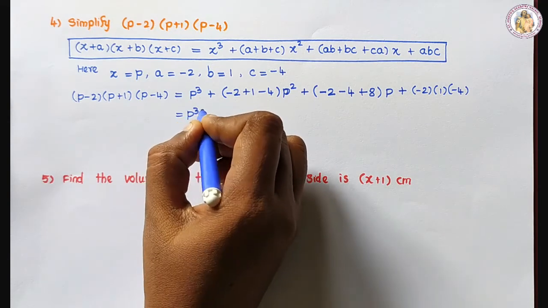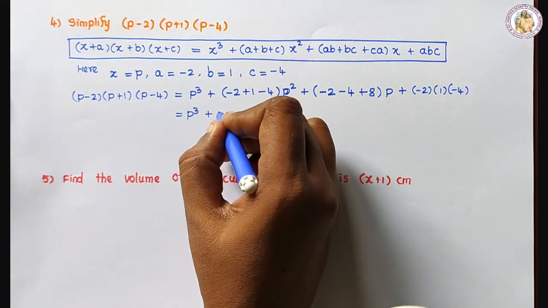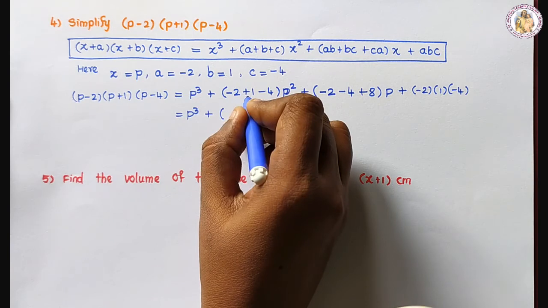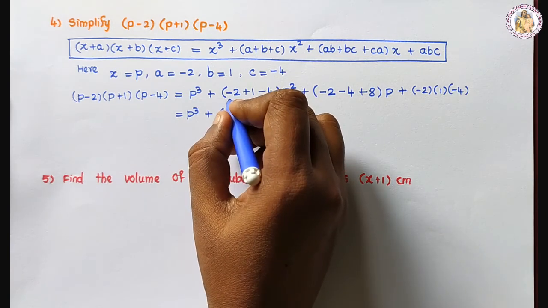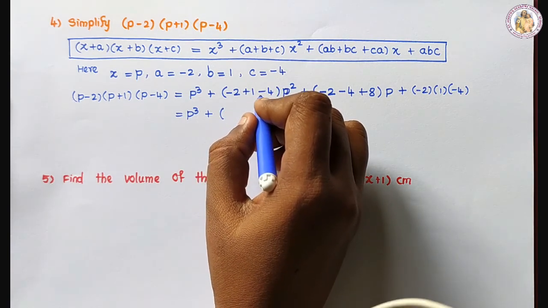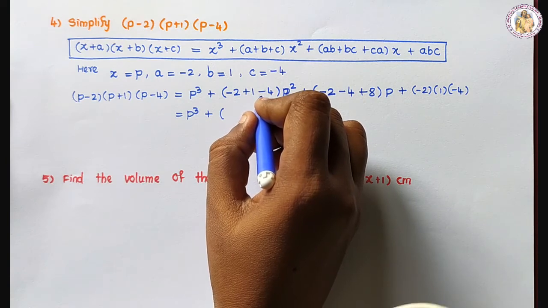p cube plus, listen, minus 2 plus 1, that is minus 1, again minus 4.